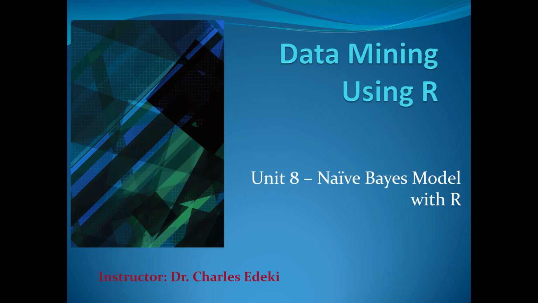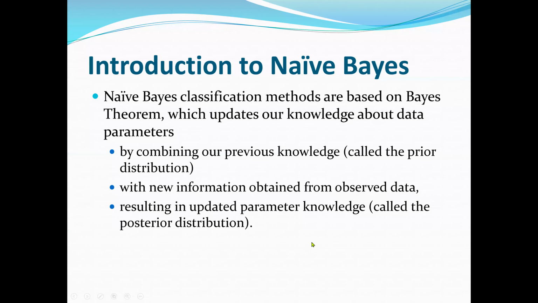In this lecture, we're going to discuss how we can use R to develop a naive Bayes model, which is again a classification model. Naive Bayes classification methods are based on the Bayes theorem, which updates our knowledge about data parameters. The concept here is conditional probability.